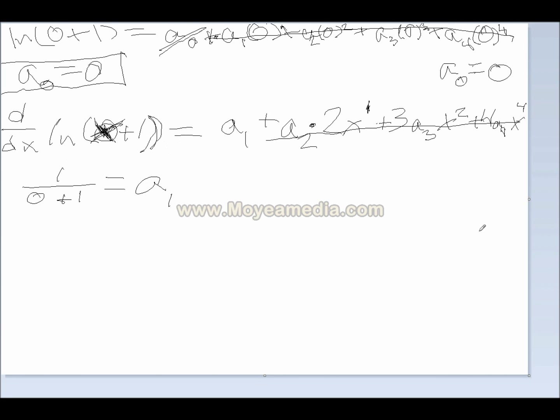So, a sub 1 is equal to 1 over 0 plus 1, 1 over 1, so it's just 1. But for the sake of finding a pattern, we're going to leave it at 1 over 1.